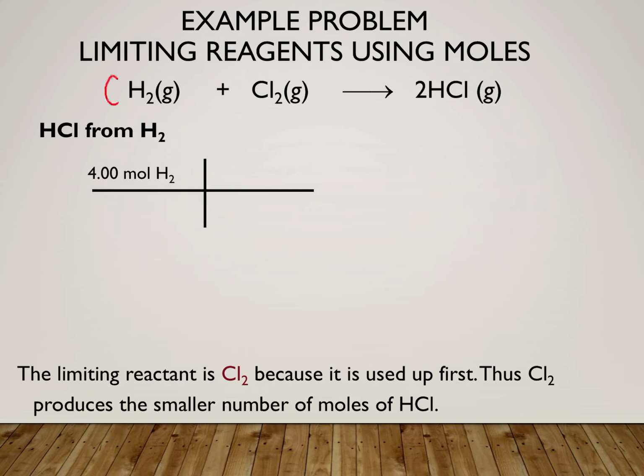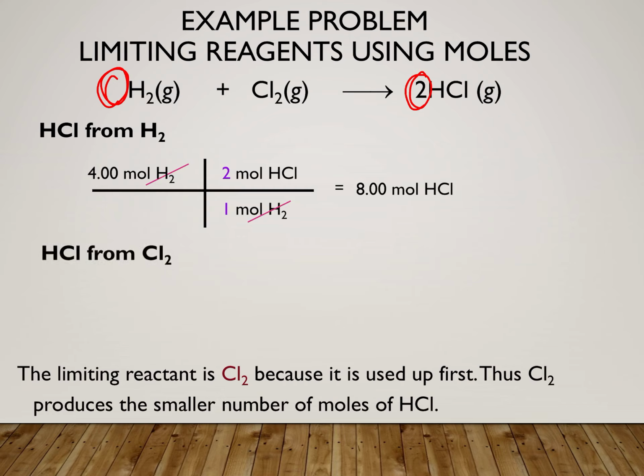So we don't have a coefficient here, so for every 1 mole of H2, we will make 2 moles of HCl. Double check that your units cancel, so we would be able to make 8 moles of HCl if our hydrogen was limiting.